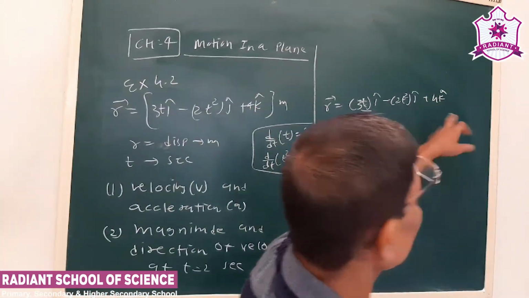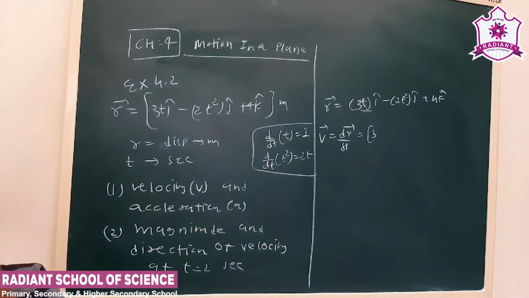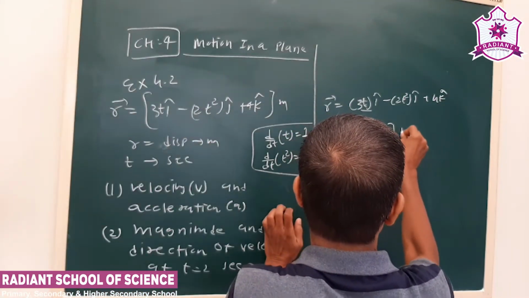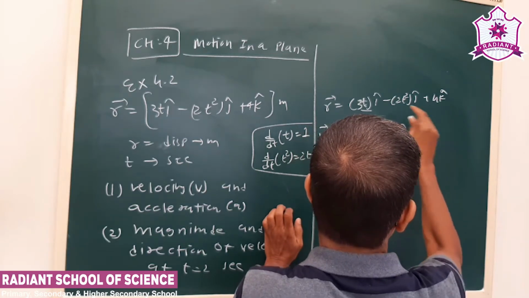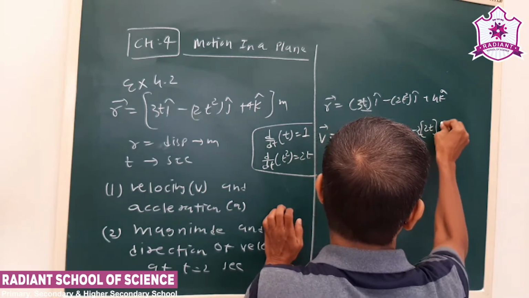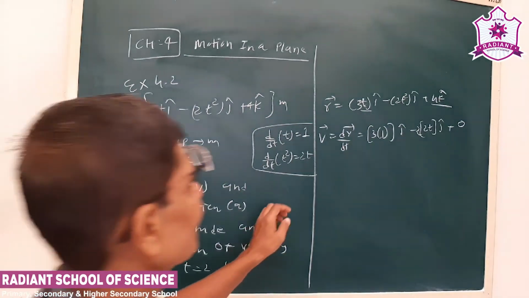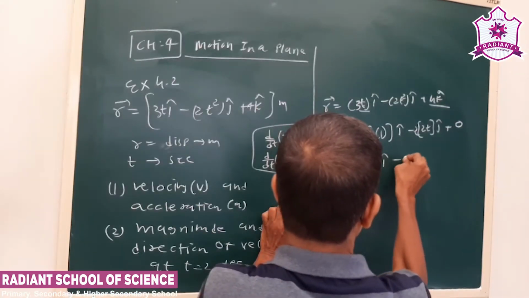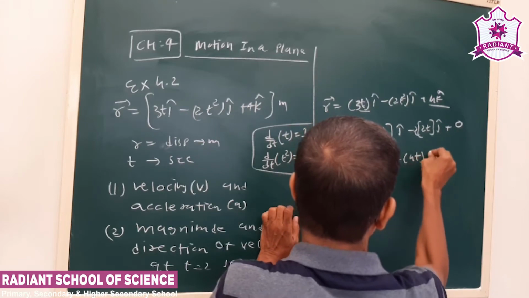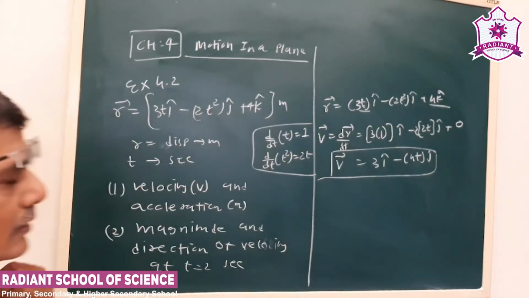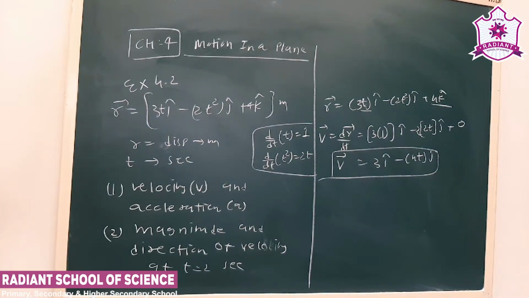Here there is no term with t, so the derivative will be 0. Here 3 is a constant, t derivative is 1; minus 2 is a constant, t square derivative is 2t. The derivative of a constant is 0. So this is 3i minus 4t j caret. This is the equation of the velocity.